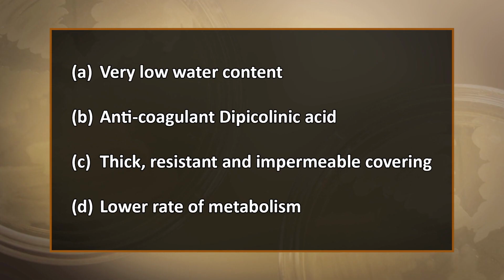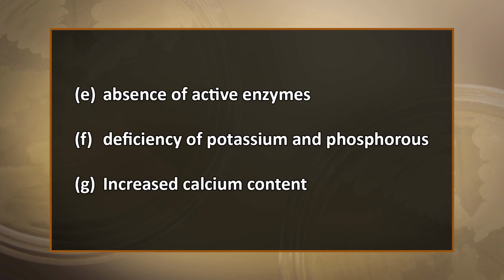This extreme resistance of endospores is due to first, very low water content, second, anticoagulant, that is dipicolinic acid, third, thick, resistant and impermeable covering, fourth, lower rate of metabolism, fifth, absence of active enzymes, sixth, deficiency of potassium and phosphorus, and seventh, increased calcium content.